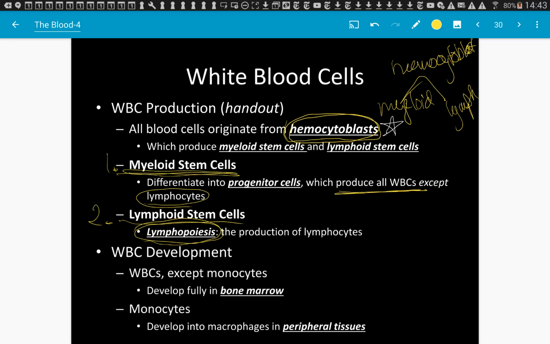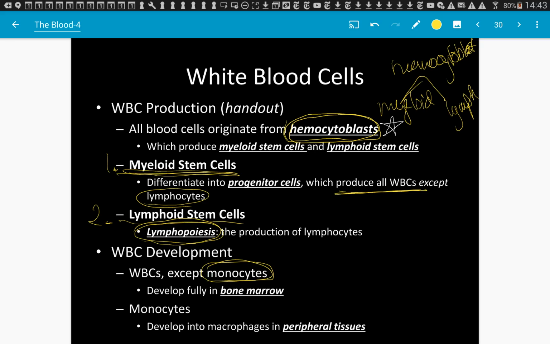White blood cells develop in different places, so they are formed within the bone marrow, as I told you before, as are the red blood cells. Most develop and mature in the bone marrow, except for a few cases. Okay? So, except for monocytes, the white blood cells develop in the bone marrow fully. But monocytes are immature macrophages.